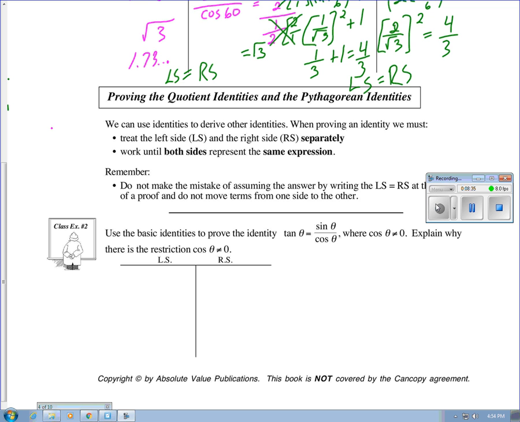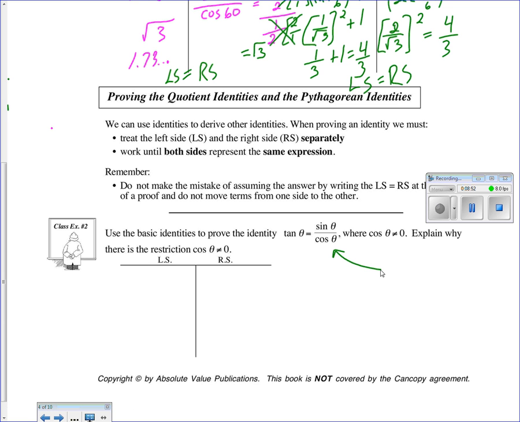So from time to time, problems with denominators. The identity for tan theta is fine as long as cosine theta does not equal 0. There's a problem when cosine theta equals 0 because it would be undefined.